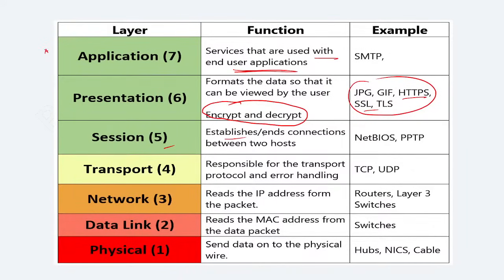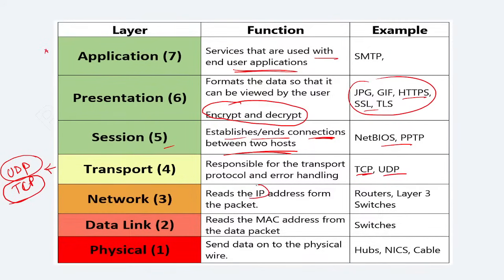Session layer, establish or end the connection between two hosts. These are the examples. Transport layer, there are two types of protocol. One is UDP protocol, another is TCP protocol. TCP is the connection oriented protocol, UDP is the connectionless protocol, working in the transport layer.